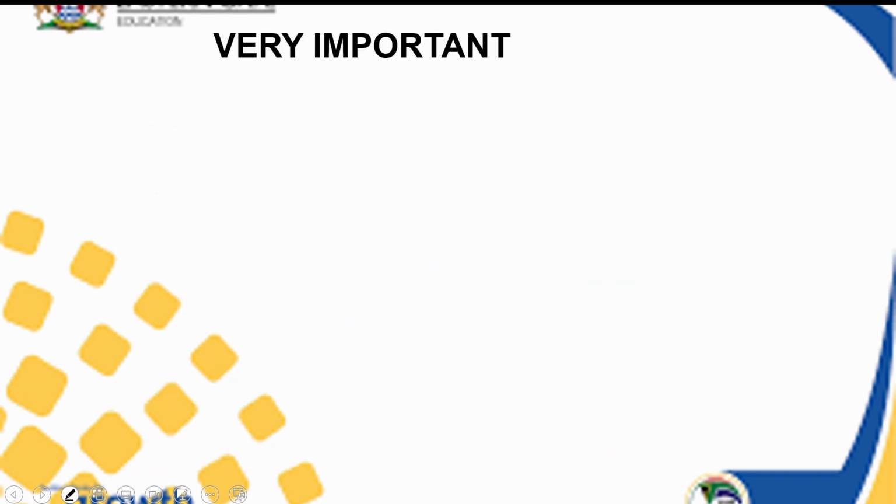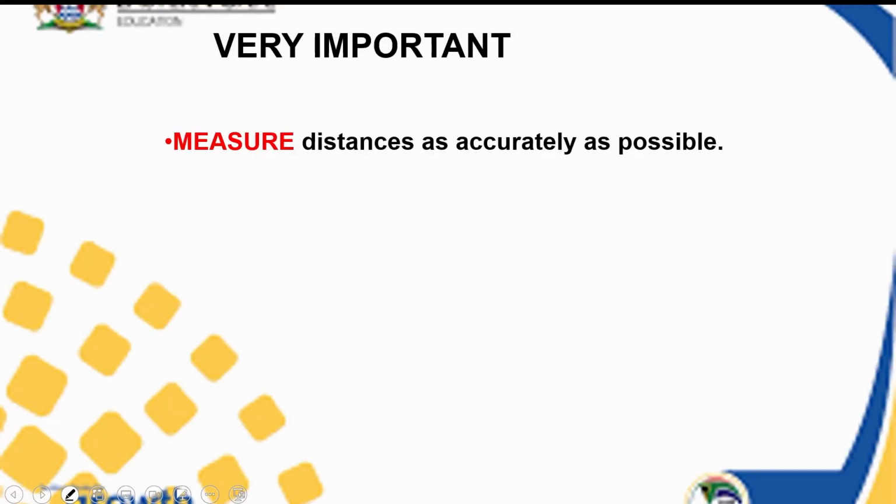What is important, learners? At the end, you need to make sure that it's where you get marks, because it's only 30 marks and that's where we expect you to have all the marks. You need to make sure that you measure the distance accurately. If you don't, you're going to lose marks.